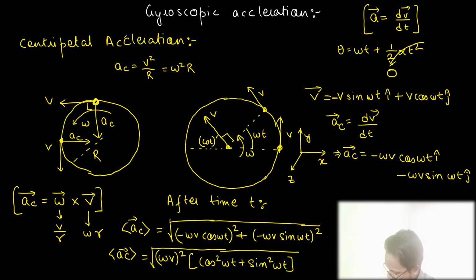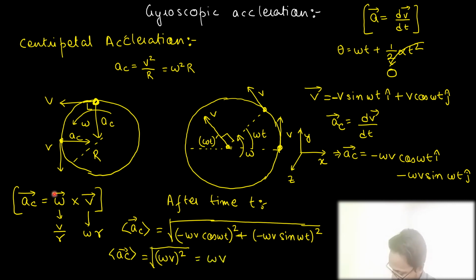This will become 1 because cos square theta plus sin square theta is equal to 1. So centripetal acceleration is equal to omega v, which is essentially this formula, which is equal to v square by r, which is equal to omega square r.